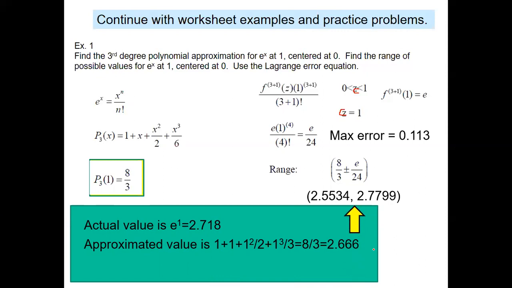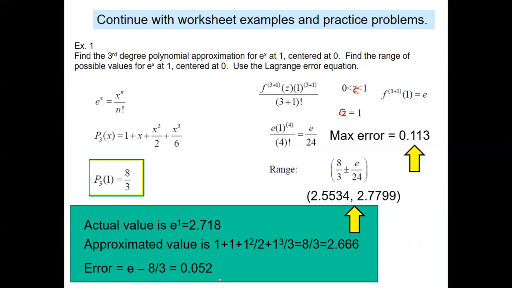So 2.666 is actually the center of that range of values. It's literally the midpoint of those values. And my actual error itself, the difference between e and 2.666, came out to be 0.052, and that was less than the predicted maximum error.